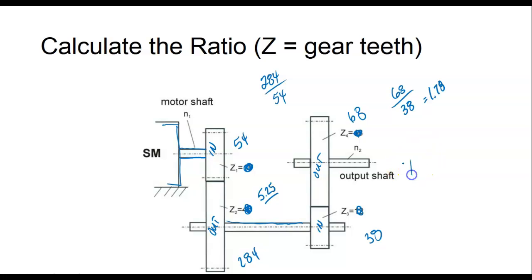So my torque out multiplier, this is not the actual torque. So I guess we'll say mechanical advantage would be equal to 5.25 times 1.78.